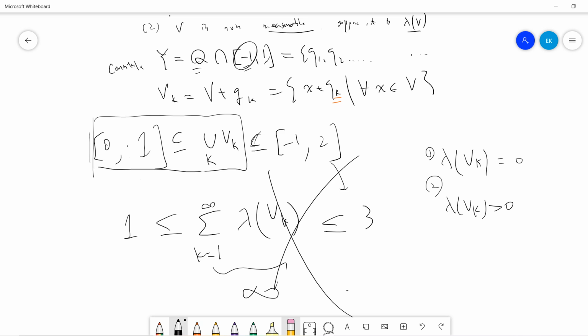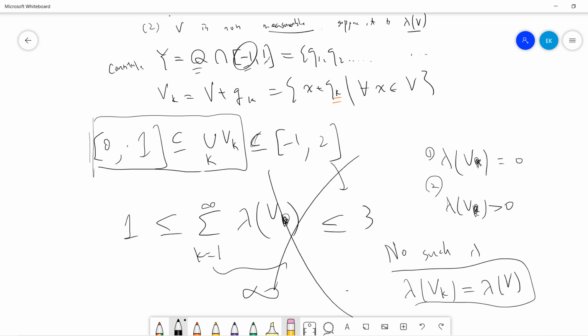So this is a contradiction, so no such lambda exists. There's a detail that I didn't say: lambda vk is just lambda v, so there's no k here. The sum of infinitely many lambda v is greater than or equal to 1 or less than 3, which is impossible.